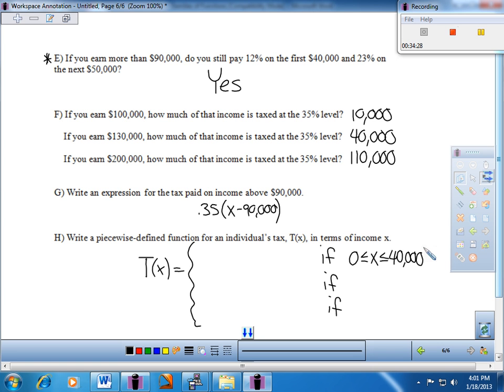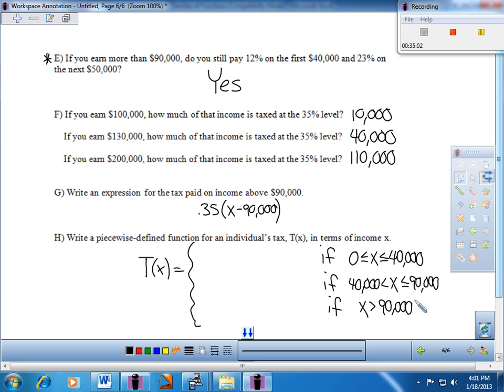Now, after we make more than $40,000, the next percentage kicks in on that money, and it's from $40,000, not including it. Notice if I included the $40,000 here, I don't include it here, up to and including $90,000. So that was the next 50, from 40 to 90. That's the next 50. Okay, and then there is a third way to calculate the tax if we start making more than 90,000.